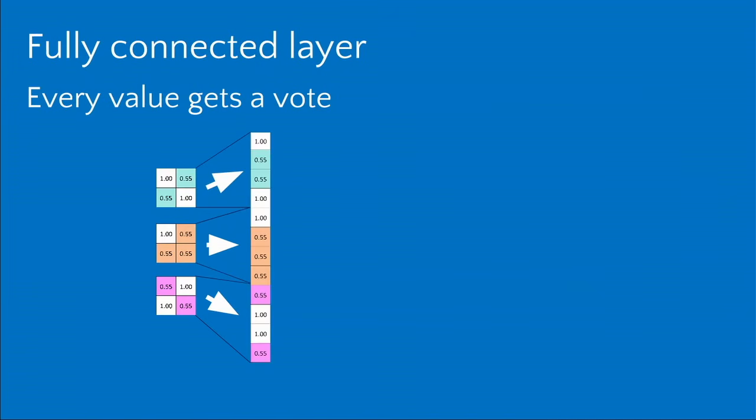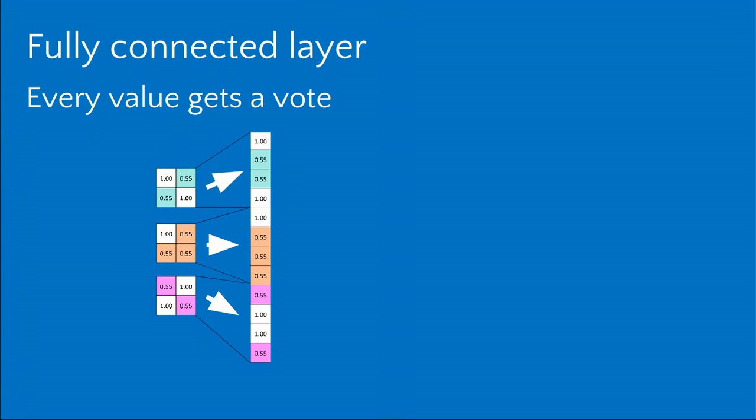Now, by the time we've gone through several iterations of this, we take and run it through a fully connected layer. This is more of a standard neural network where every input gets connected to everything in the next layer with a weight. Every single value, you can think of it as a voting process.